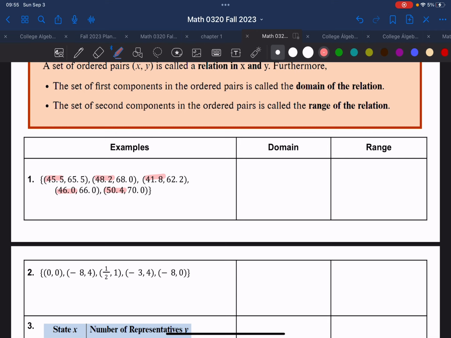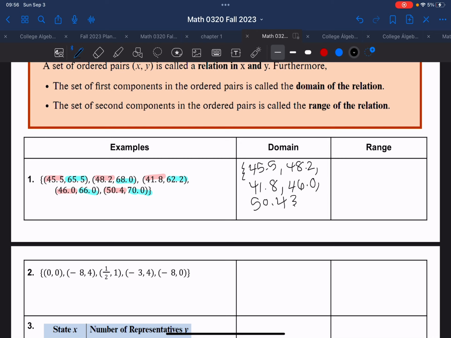And all of my second numbers are my y's. So if we were to write the domain and range of this set, the domain would be all the x's. So I'm going to write all these x points in the curly brackets. So 45.5, 48.2, 41.8, 46.0, and 50.4 curly brackets.